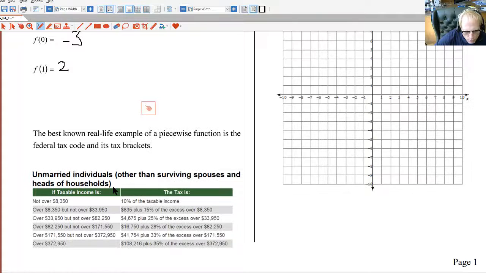Okay, so I just went over that income taxes are based on a piecewise function. The reason it's based on a piecewise function is that the more you make, the higher your income, the greater the percentage of your income you pay in taxes.